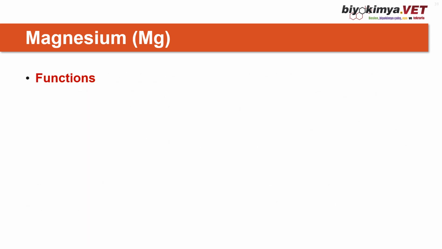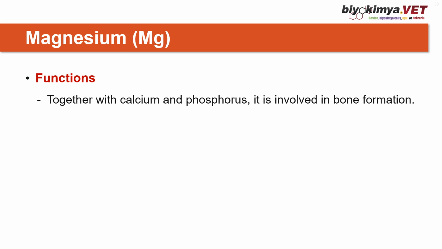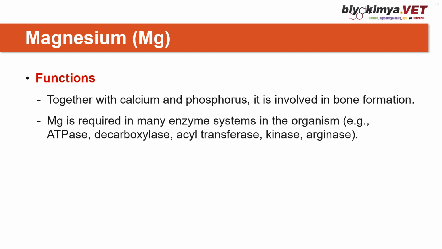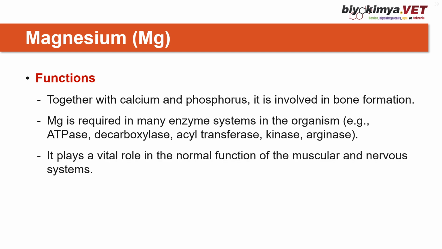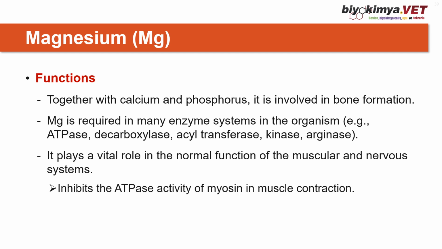What are the functions of magnesium? Together with calcium and phosphorus, it's involved in bone formation. Magnesium is a cofactor of many enzymes such as ATPase, carboxylase, kinase, arginase, etc. It plays a vital role in the normal function of the muscular and nervous systems, such as inhibiting the ATPase activity of myosin in muscle contraction.